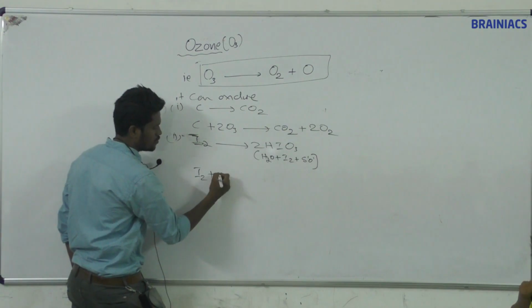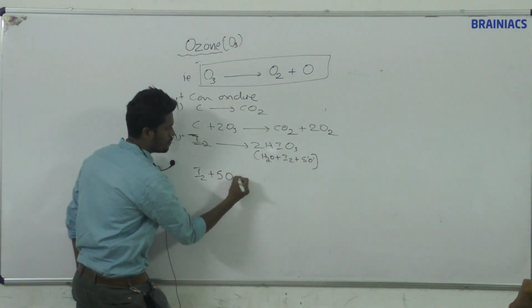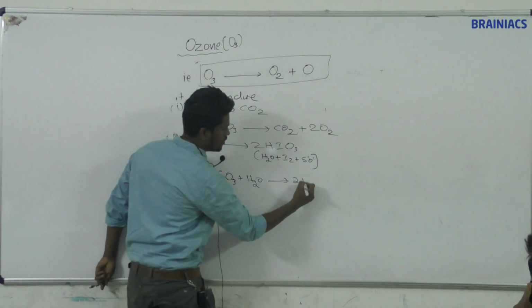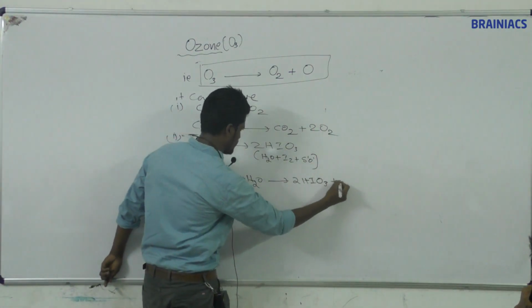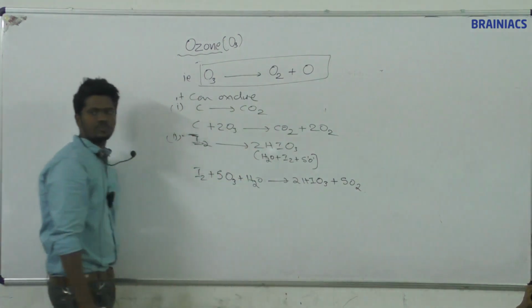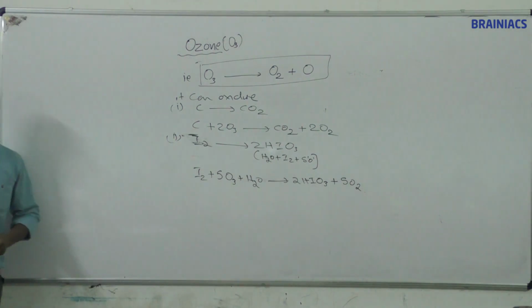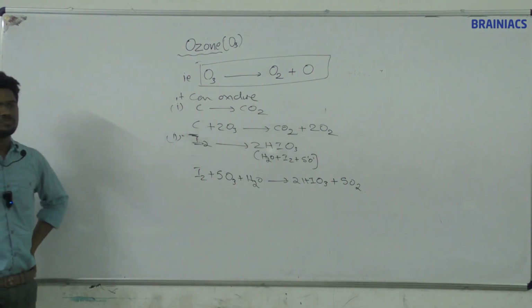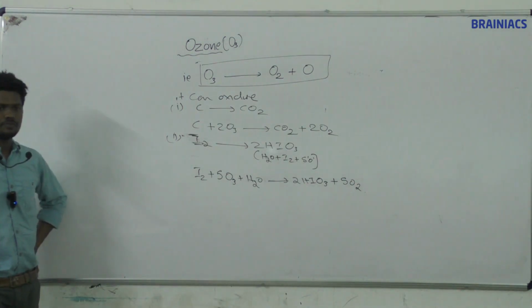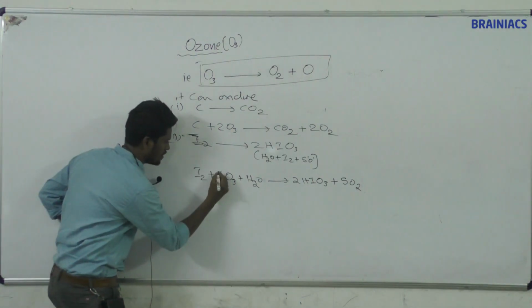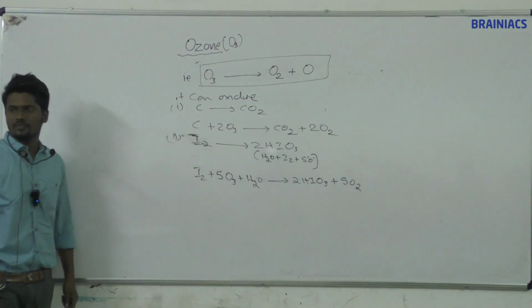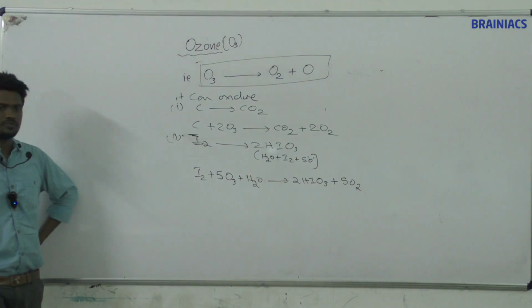So that is I2 plus 5 O3 plus H2O gives 2HIO3 plus 5 O2.